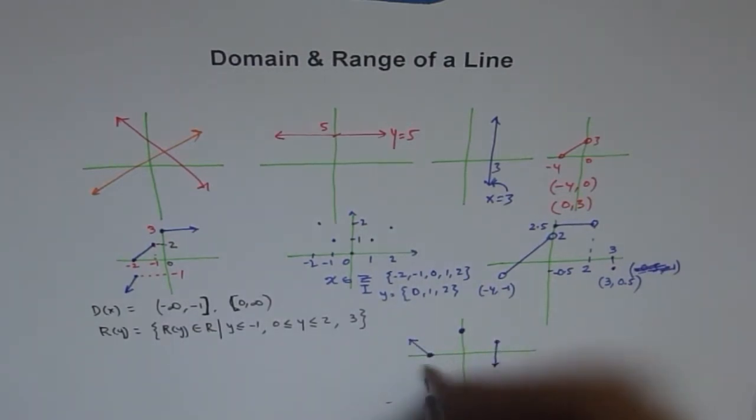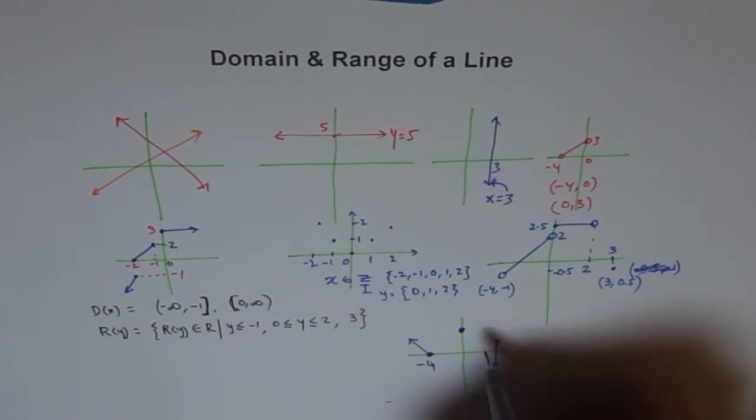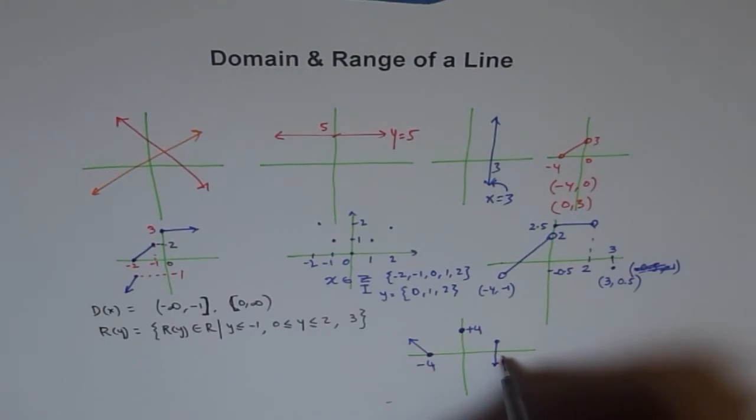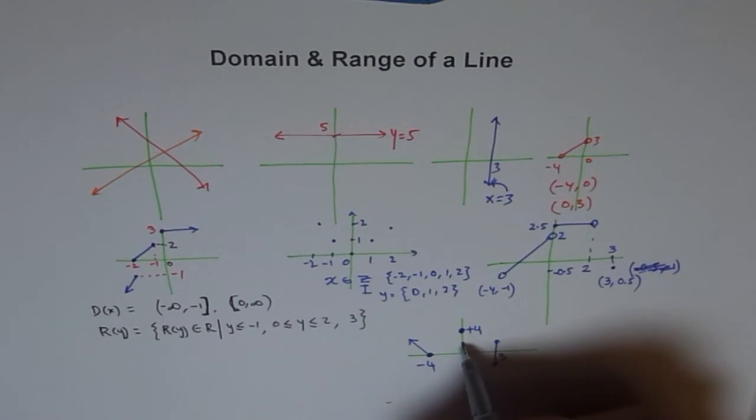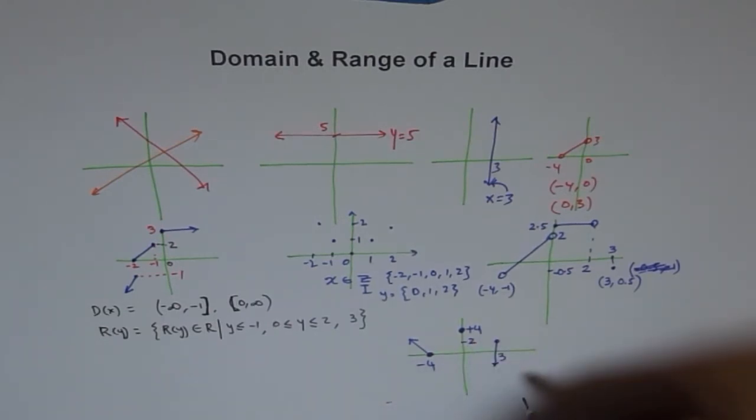So this point for me is minus 4, this is plus 4, and this point is 3. And here we have 2. Domain and range for this function.